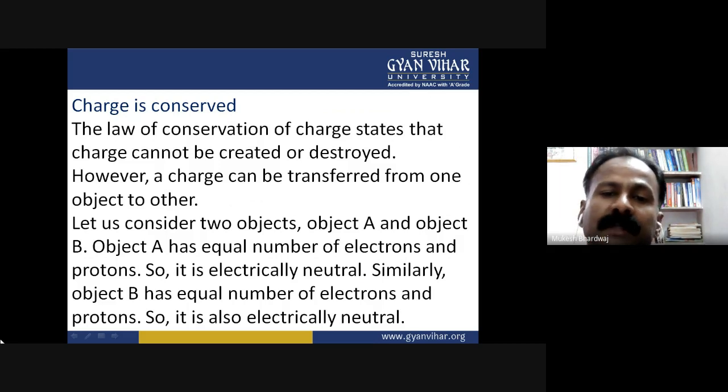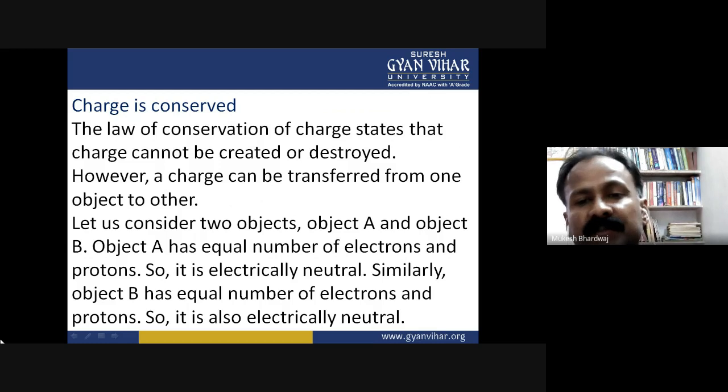Now, I would like to state some comparisons between charge and mass. Charge has an important role in electromagnetism, and mass has an important role in gravitation. Charge can be positive and negative, whereas mass is always positive. The electric charge is independent of the velocity of the body.